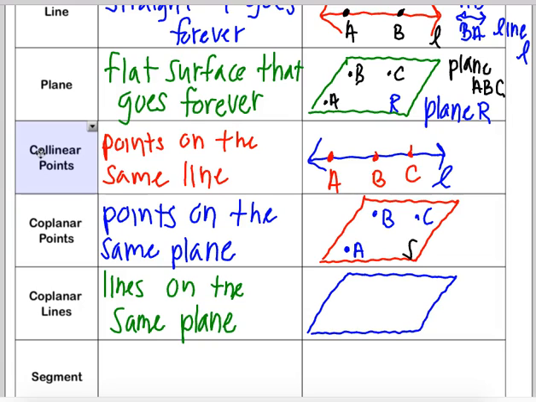This time let's call it B. If I had two lines on here, right? Let's draw two lines. Let's call this one line L and R. Line L and R.